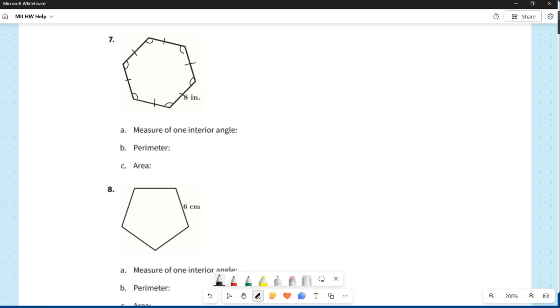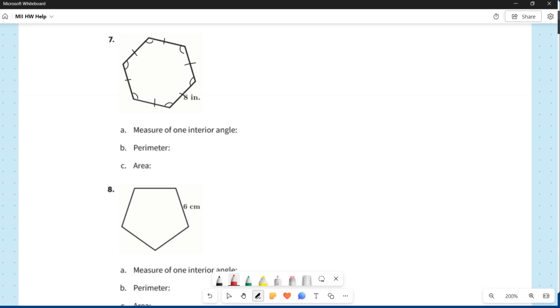Now, for part A, the measure of one interior angle. The way that I would go about this problem, which again may or may not be the way that was discussed in class, is I think there's value in understanding how to divide up this figure into a series of triangles.